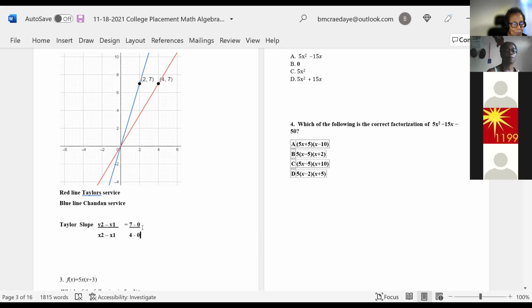So why is it that we do Y2 minus Y1 over X2 minus X1? Because that's what slope is. Rise over run. Difference in Y over difference in X. This pair is 4 and 7. My other point is 0 and 0, right here.